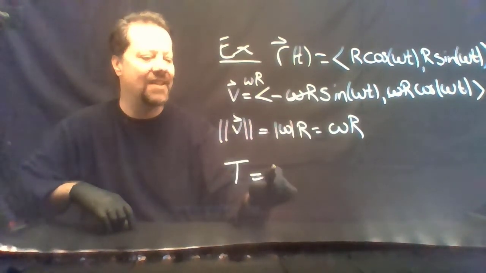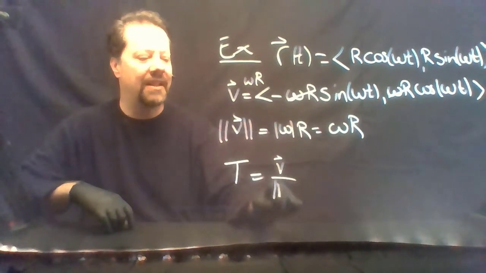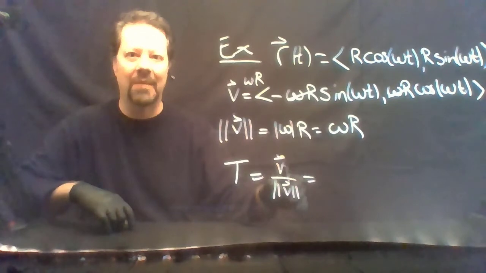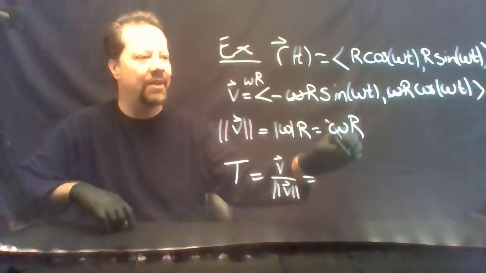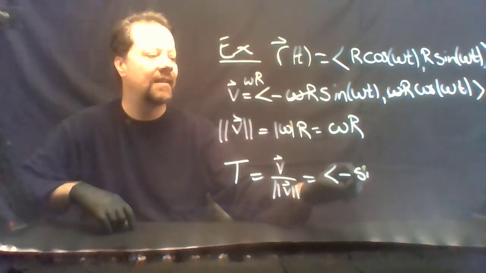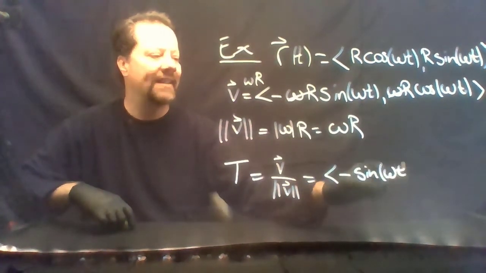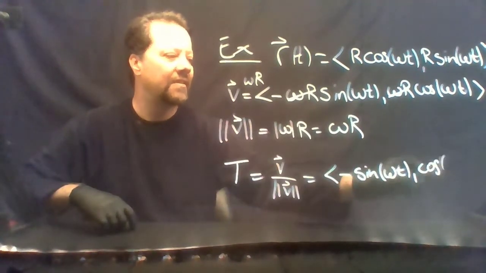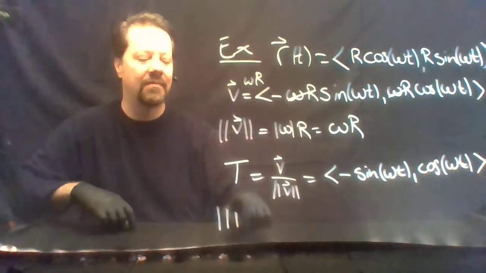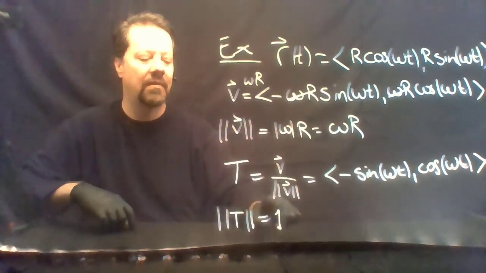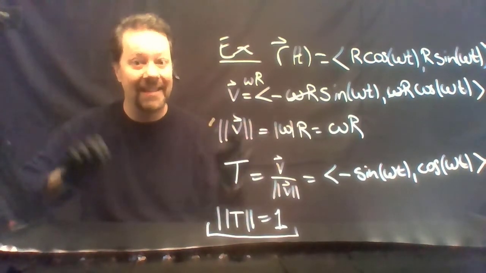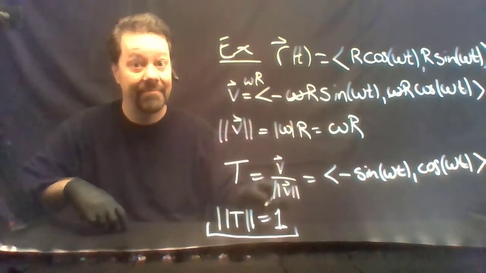The unit tangent vector then, which is the velocity vector divided by its norm, the normalized velocity vector, will be what you get when you divide this omega r off, and you get minus sine omega t, positive cosine omega t, which obviously has norm 1. Let me emphasize, the norm of the unit tangent vector is 1.